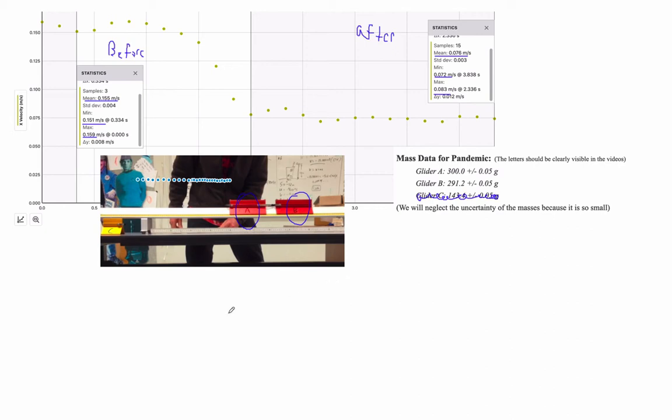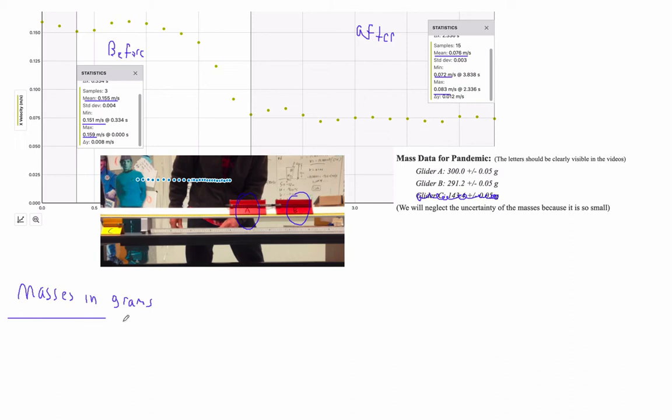Okay, so what we want to do is we want to do masses. We're going to basically have two data tables, right? So one will be the masses. Okay, and then you could say in grams. And then we don't have to label all the numbers, right? So masses in grams.